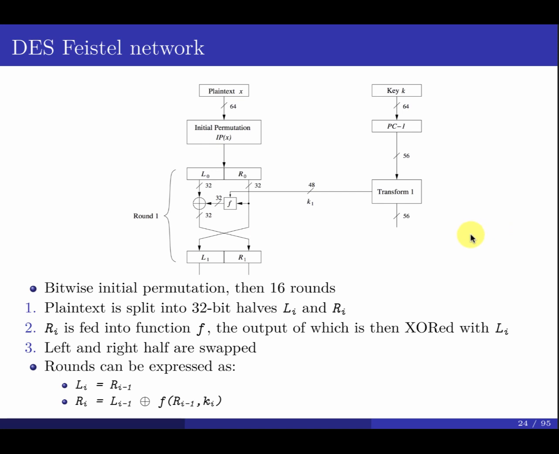They used them to facilitate fitting the data to the 8-bit based hardware at the time, and over time they kept it as standard. So the initial and final permutations don't really add to the security here.